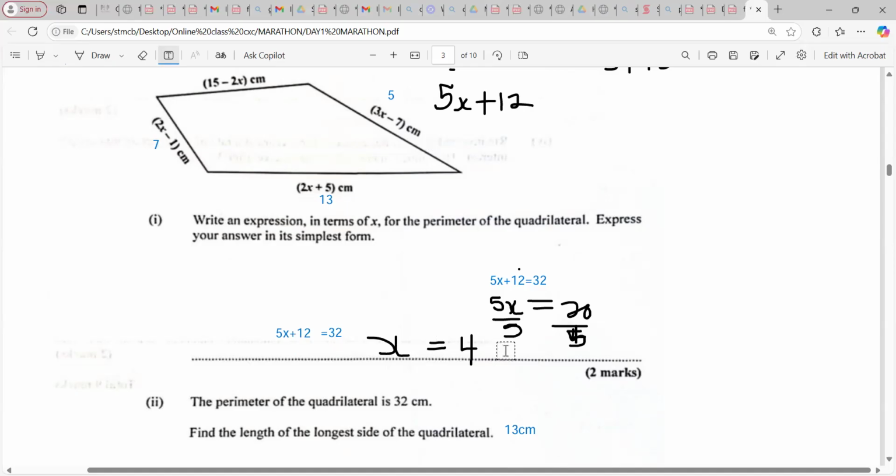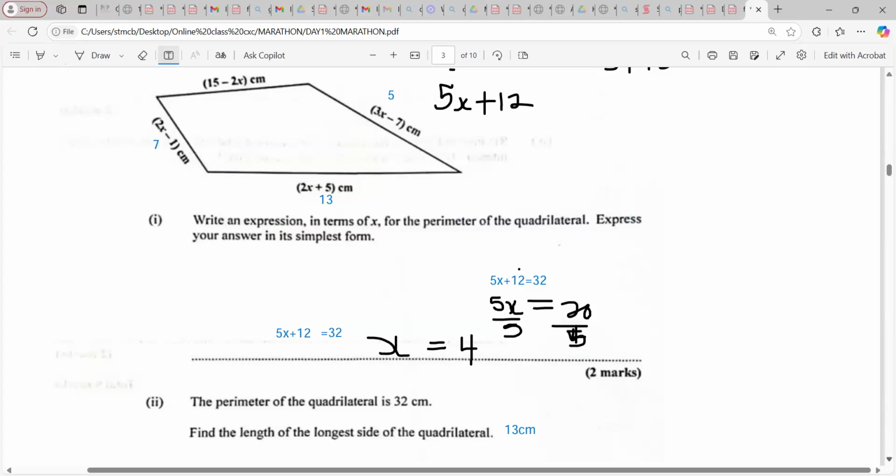Once we get the 4, we plug in the values to find each side. 3 fours are 12 minus 5 is 7, 2 fours are 8 plus 5 is 13, 2 fours are 8 minus 1 is 7, and 15 minus 2 fours, 8, is 7 as well. So these two sides are actually equal, but it's not drawn to scale, so it's not a big deal.